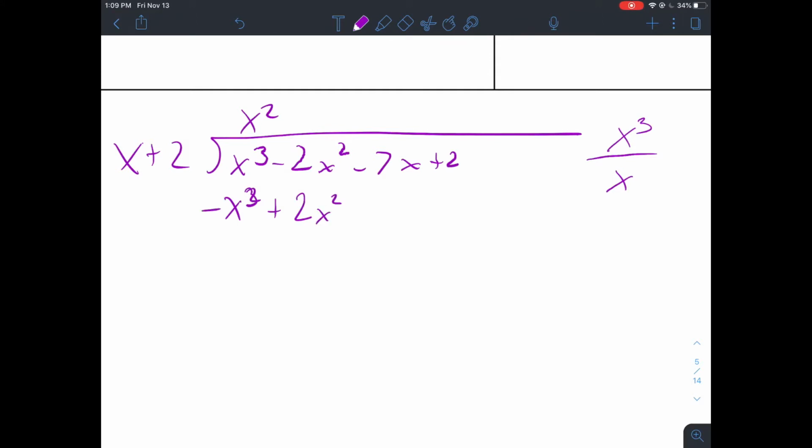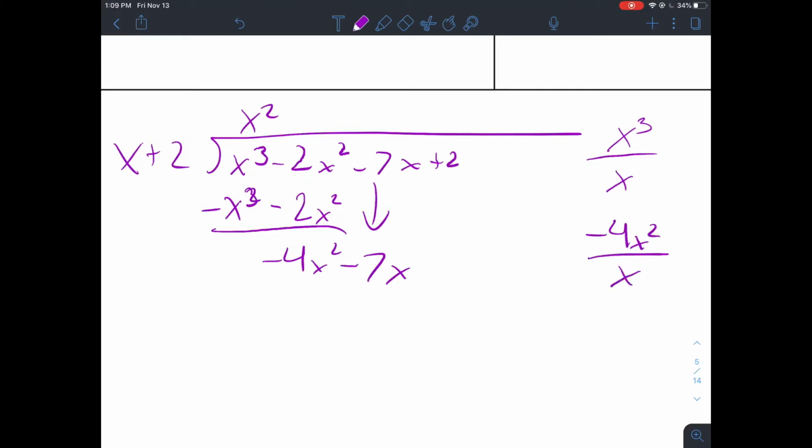Then we change the signs. We get minus 4x squared, bring down the -7x. -4x squared divided by x is going to give us a -4x. We do our multiplication. We get minus 4x squared minus 8x. Change the signs.